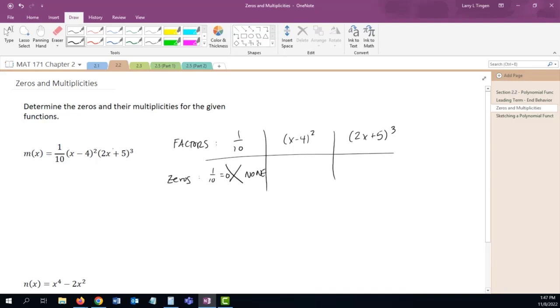But I want you to understand I'm taking all the factors, setting them up in the table. What makes my second factor 0? 4. What makes my third factor 0? Negative 5 halves.